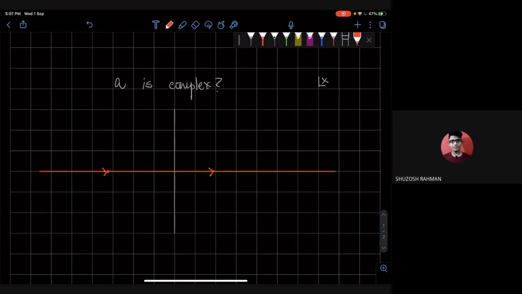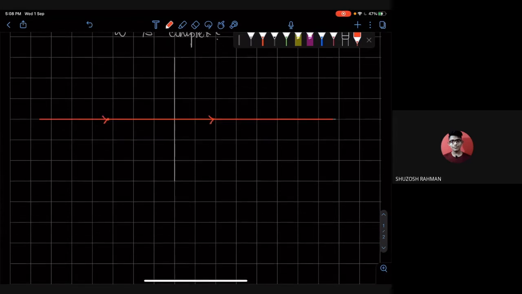Here the integrand doesn't have any poles, so whatever closed contour you take, the value of the integral will be 0.